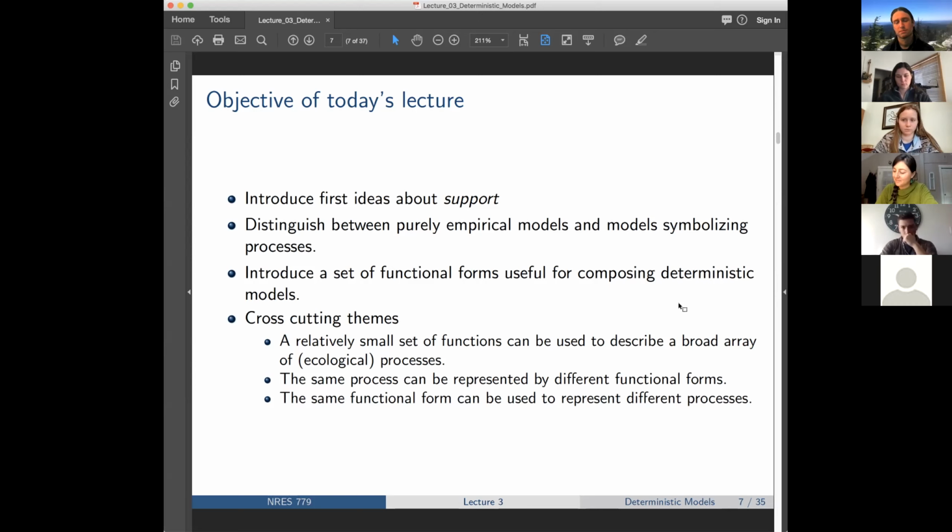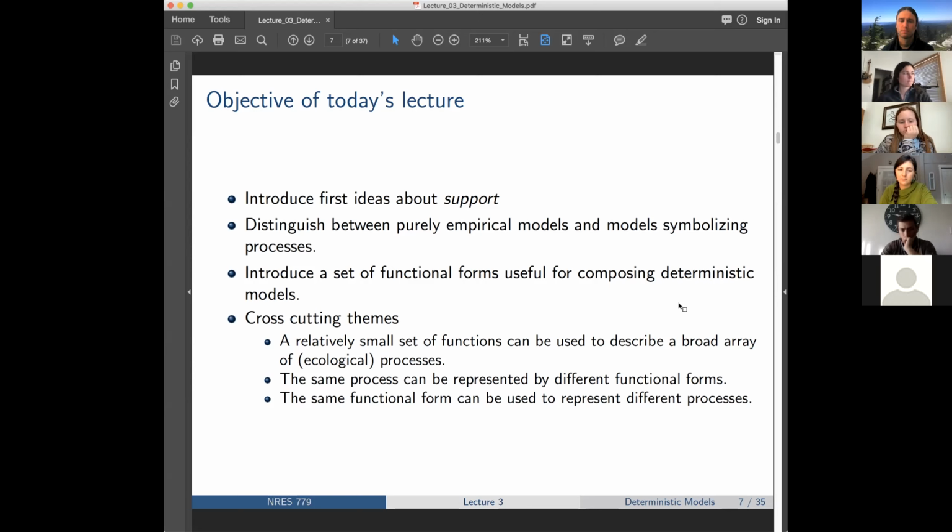Okay, so that idea is we have this tool that's pretty useful, simple linear regression based on a normal distribution. Let's see if we can get all of our data that we've ever come across into that framework. So what we're going to talk about in this class is this idea of support and what the support of the data are, and then choose the appropriate tool to match the support of the data. So more about exactly what support is later.